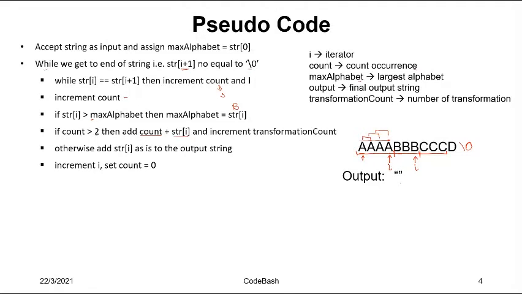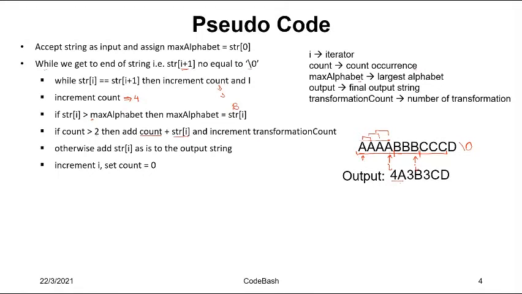I is pointing to the index of a over here. So str of I is a, and count is the variable we calculated to be 4 over here, right? So after that we get this 4a, and also with this we increment the transformation count.